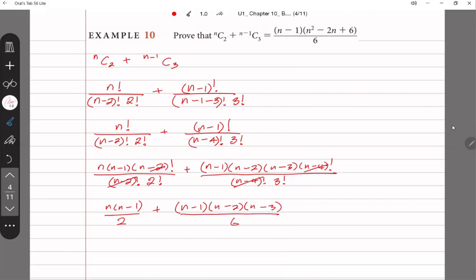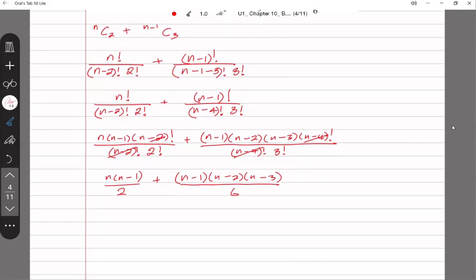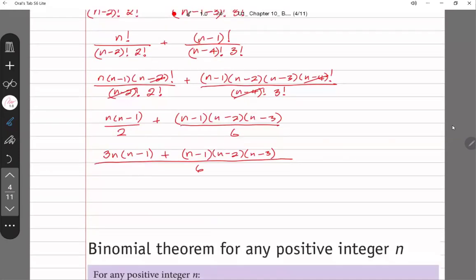If I'm adding or subtracting fractions and the denominators are different, I must find the LCM, which is 6. 2 into 6 is 3, so 3 times the numerator. 6 into 6 is 1, so 1 times the numerator. Common to the numerator and the denominator is n minus 1.